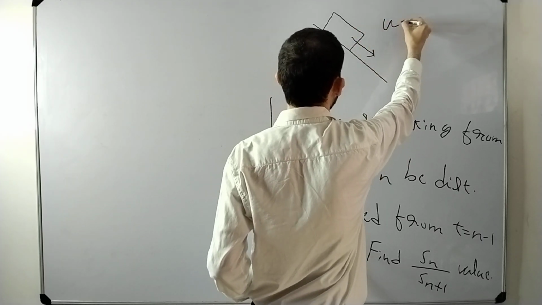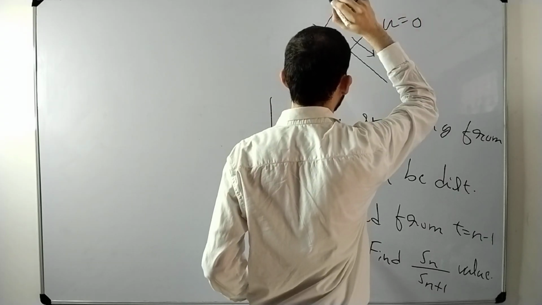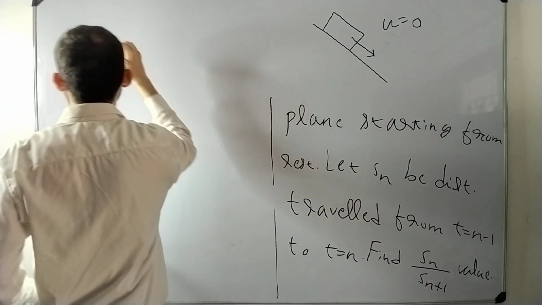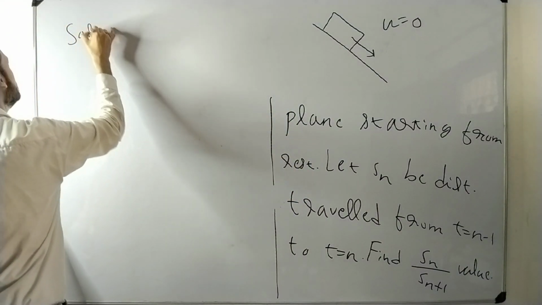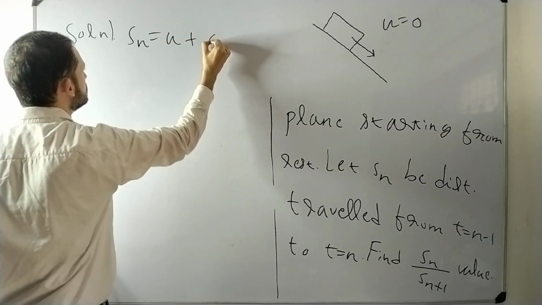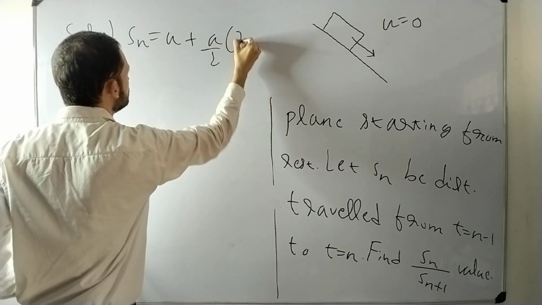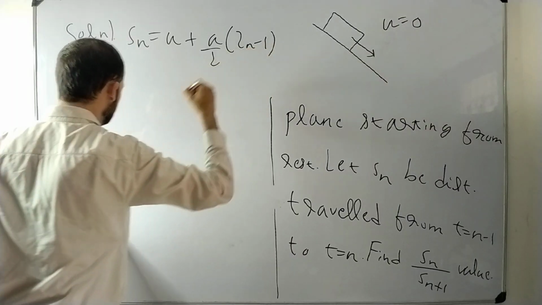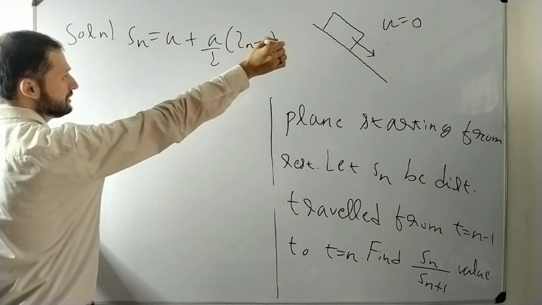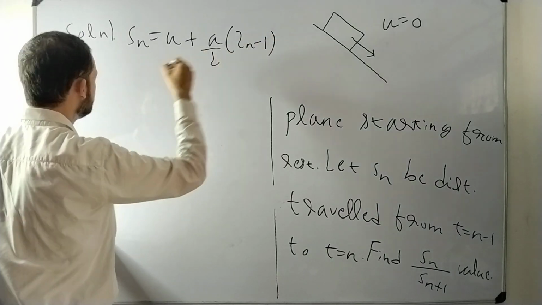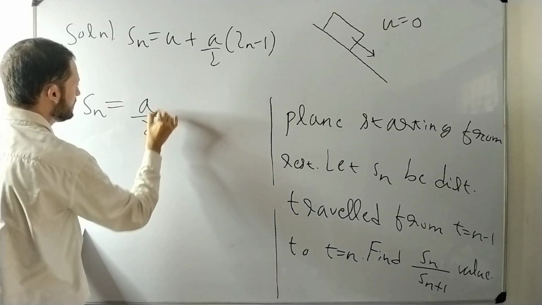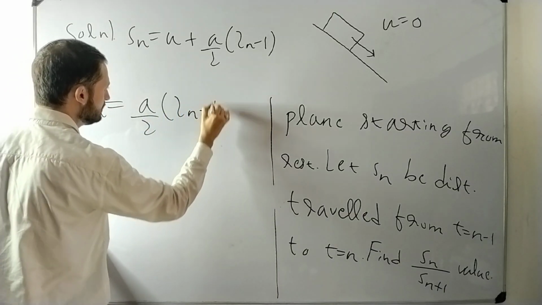Initial velocity is 0, from rest, so it is going downward. Now tell me the Sn formula. Solution: Sn is u plus a upon 2 into 2n minus 1. What is u, velocity, here? 0, sir. So Sn becomes a by 2 into 2n minus 1.